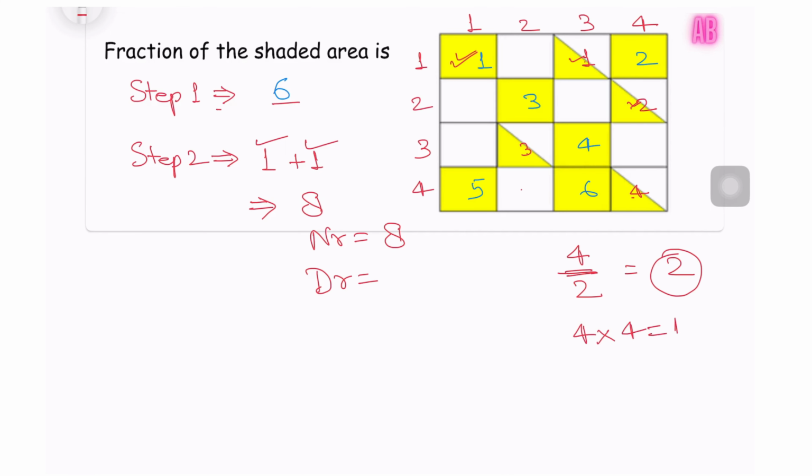So 4 times 4 is equal to 16. Another way of doing it is we can simply count 1, 2, 3, up to 16. So the answer will be numerator upon denominator, which is 8 by 16, or 8 upon 16.